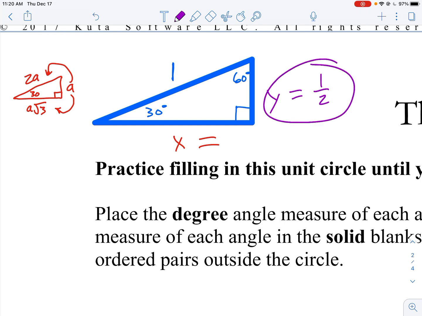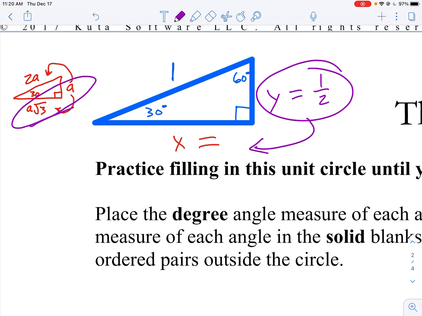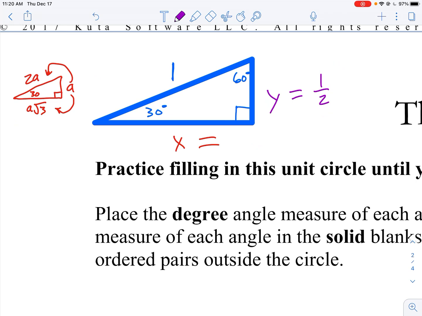Now if this is 1/2, what's my other leg going to be, knowing that from the smallest one to the other leg is times root 3? Hopefully you were able to fill in that this is 1/2 times root 3, which happens to be root 3 over 2.